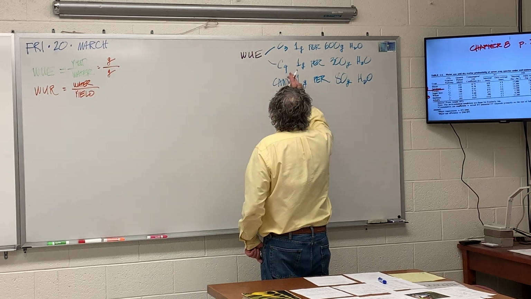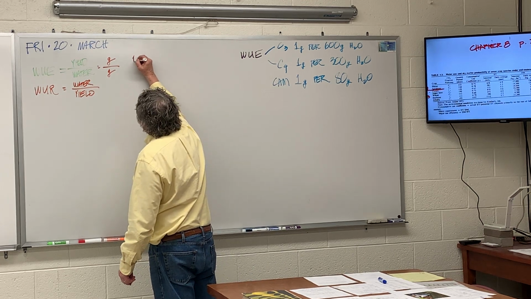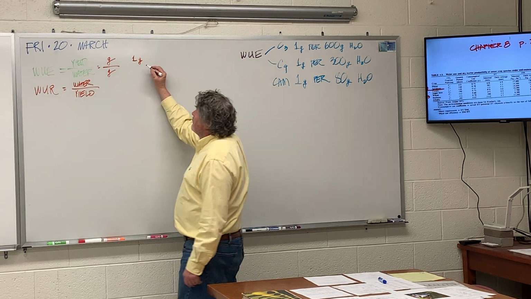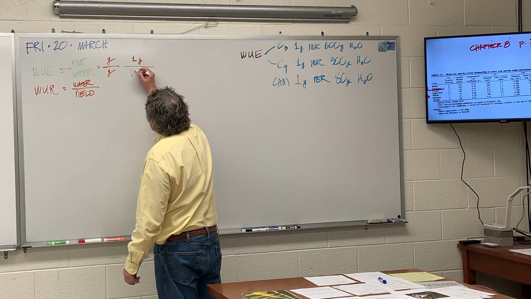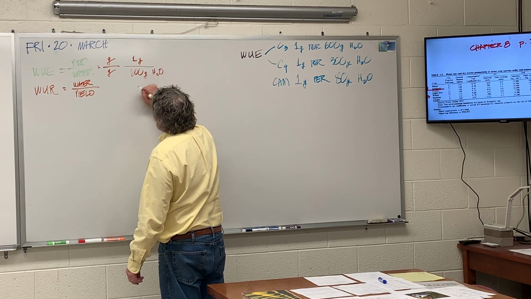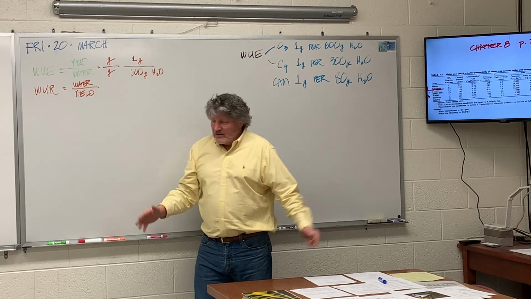So let's take C3. We're saying one gram of, this is dry weight, per 600 grams of water. Let me show you how staggering that is.